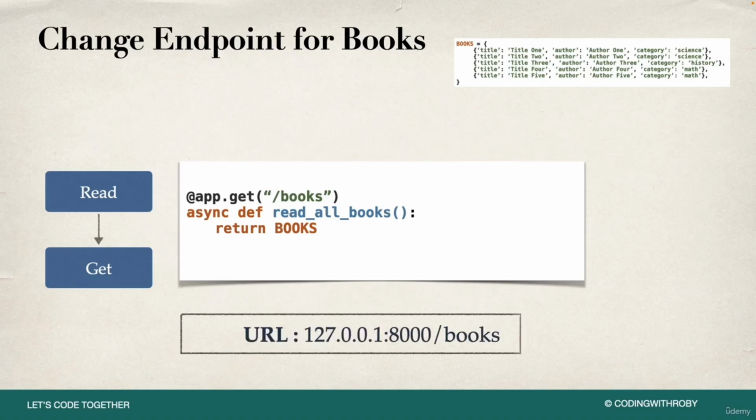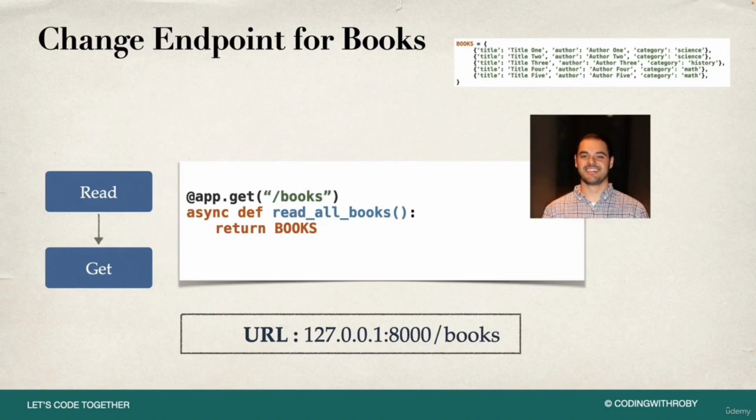So now if the user goes to 127.0.0.1 port 8000 and goes to /books, it will return all of the books that the FastAPI application currently has. Now, without further ado, let's jump into the code and let's create these API endpoints so we can return all the books back to the user.